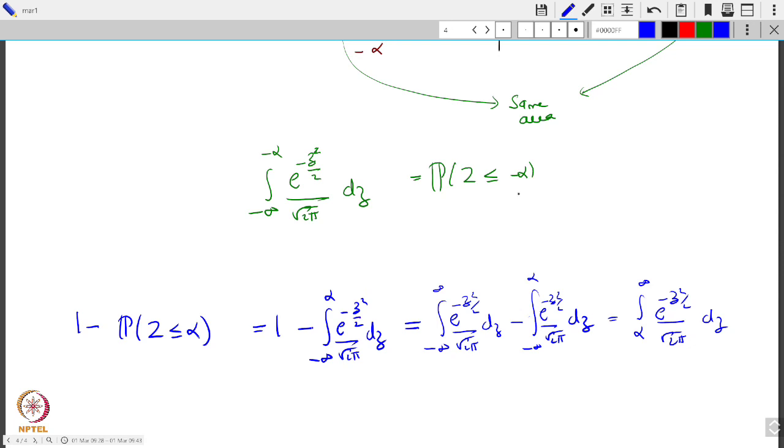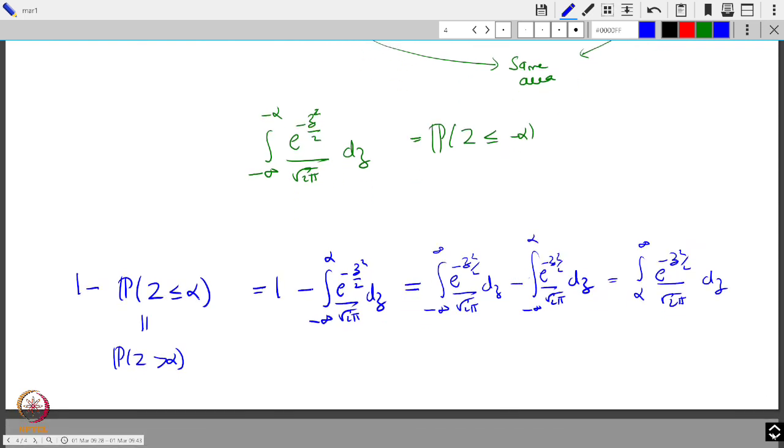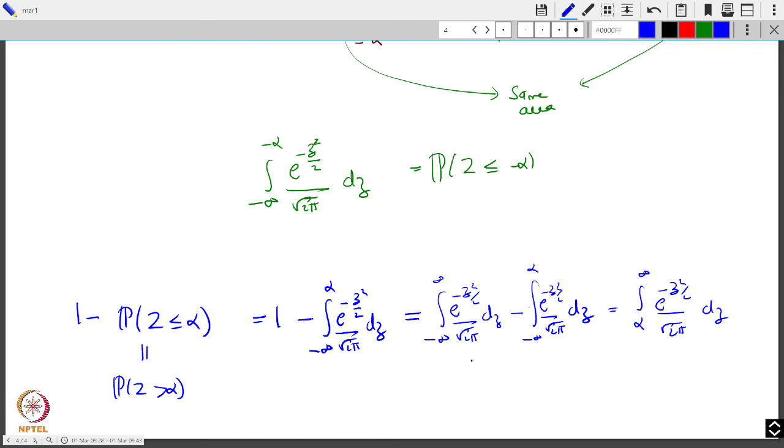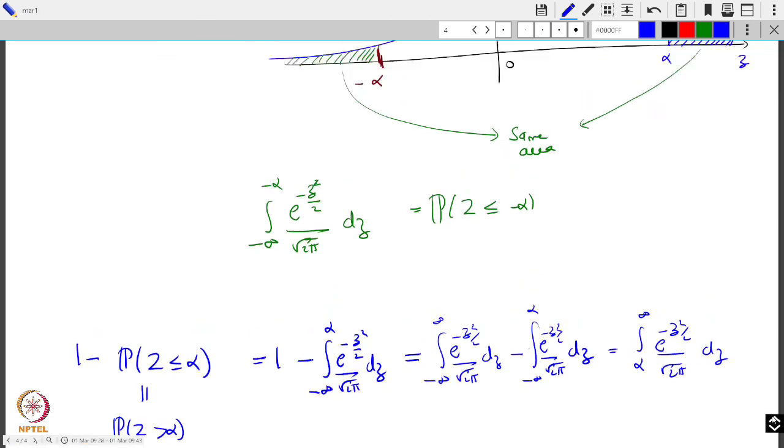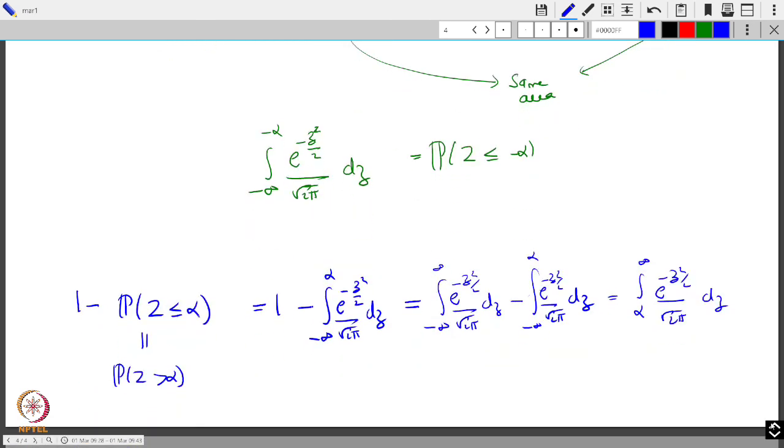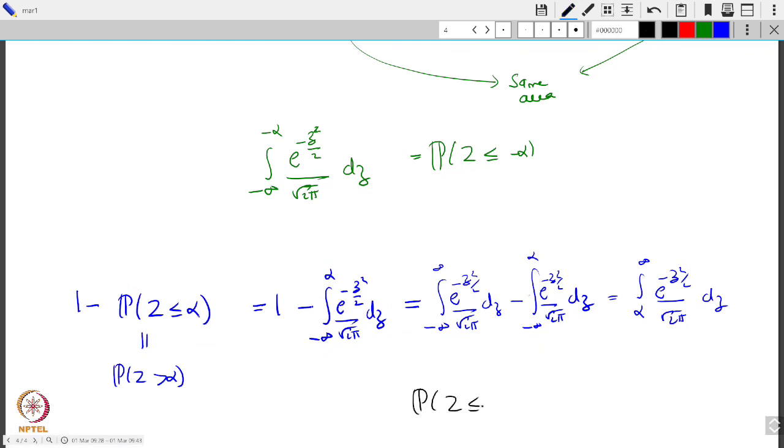So you have an interesting relationship. The probability z less than or equal to minus alpha is 1 minus this, which we know is also the same as the probability of z bigger than alpha. So what have we shown? We have shown that these two are equal. By this area computation, we have shown that the probability of z less than or equal to minus alpha is the same as 1 minus the probability of z less than or equal to alpha.